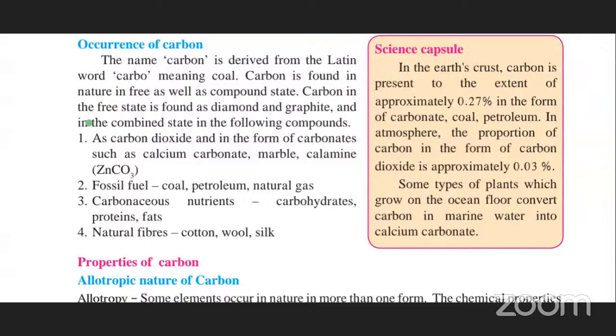These all contain carbon and are said to be organic compounds. Compounds obtained from plant origin like cotton, wool, and silk are also organic compounds. These are actually fibers, thread-like compounds. Whatever compounds we get from plants and animals basically contain carbon and are known as organic compounds.